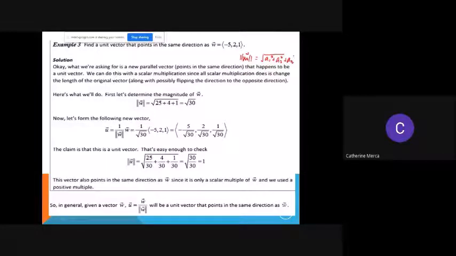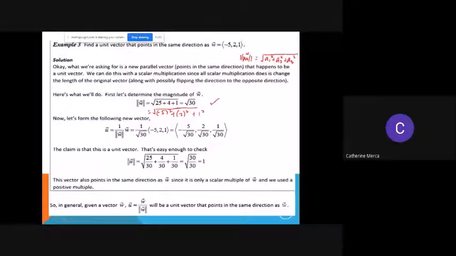So that's the square root of negative 5 squared plus 2 squared plus 1 squared. Negative 5 squared is 25, 2 squared is 4, and 1 squared is 1. So that's 30 there.